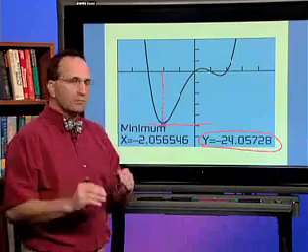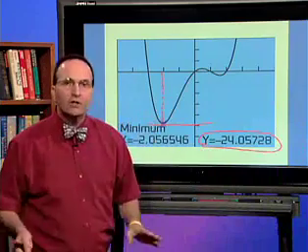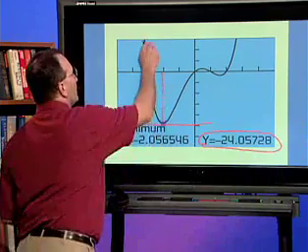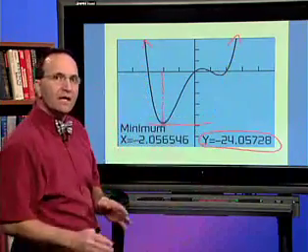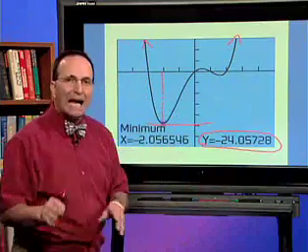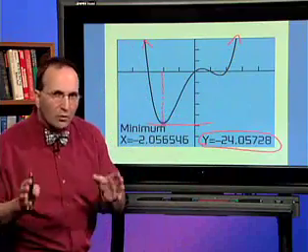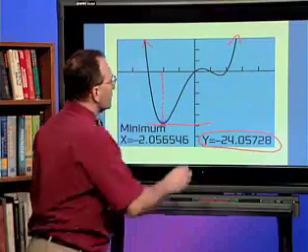Why do I say it's an absolute minimum? Because the graph never goes below that. It's continuing to infinity in this direction, and it's continuing to infinity in that direction. So what that means is that that is an absolute minimum. Now, what about that local extrema that I talked about? Well, let's look and see.